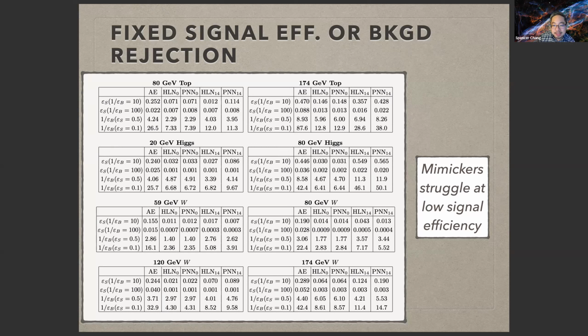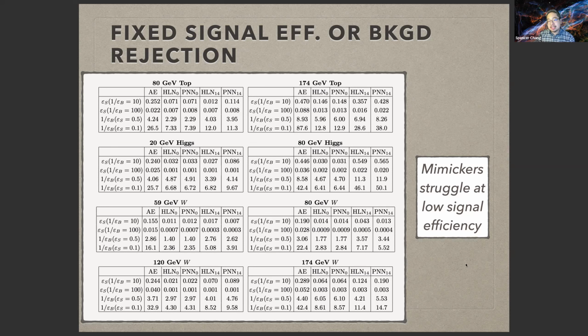Similar things across the board. It takes 87 to get 1 background event at the signal efficiency. It only takes 28 or 38. There are some that are slightly better, like the 80 GeV Higgs, but for the most part, if you go to low signal efficiency, these do worse.